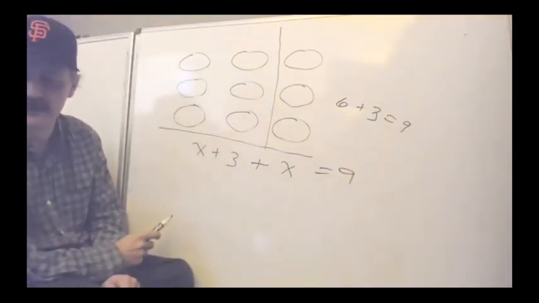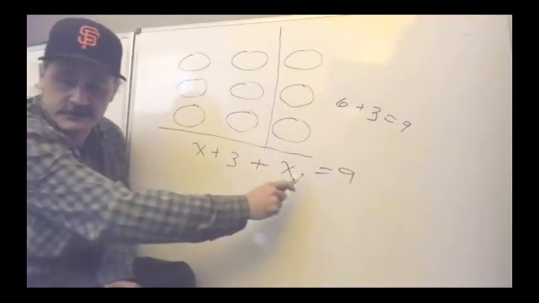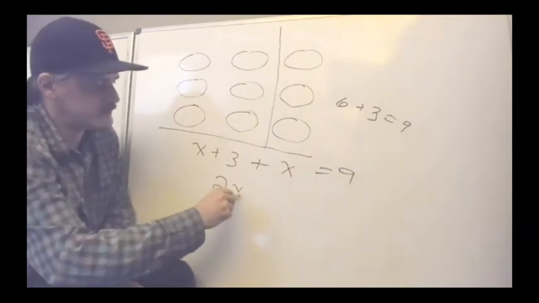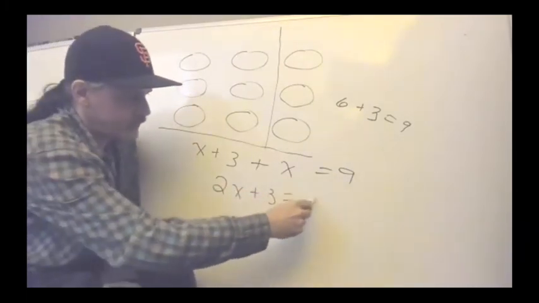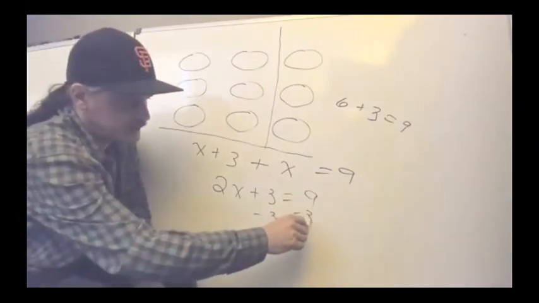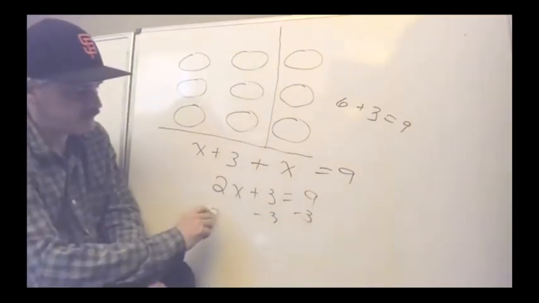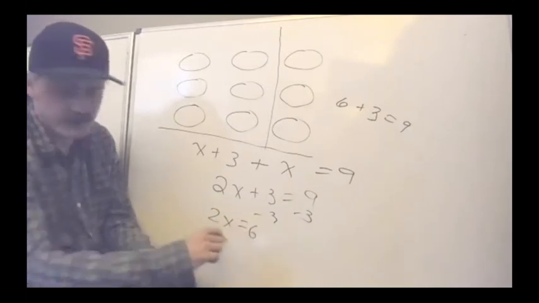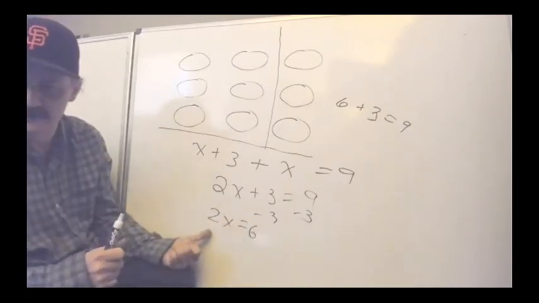And then if you solve that equation, you got an X and you got an X, so that's 2X. Looking on the side with the variable, minus 3 from both sides. And then when you divide by 2, you get X equals 3.